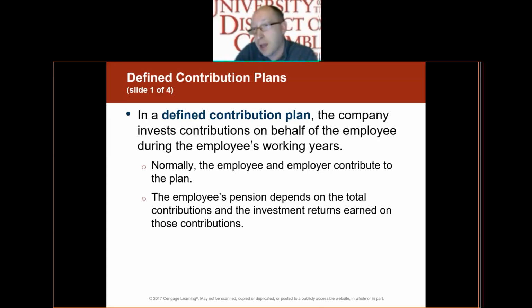Your employer will say, hey, I'll contribute 6% of your pay every pay period, and you can also contribute up to 4% or 6% or whatever it is. That's nice. The employee's pension depends on the total contributions and the investment returns earned on those contributions.